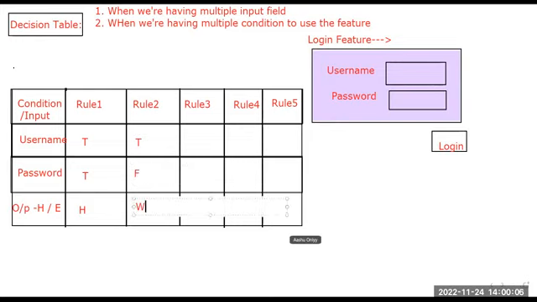If the user enters an incorrect username but correct password, error message. If both are incorrect, error. If you do not enter anything in the username field but enter the correct password, error message.